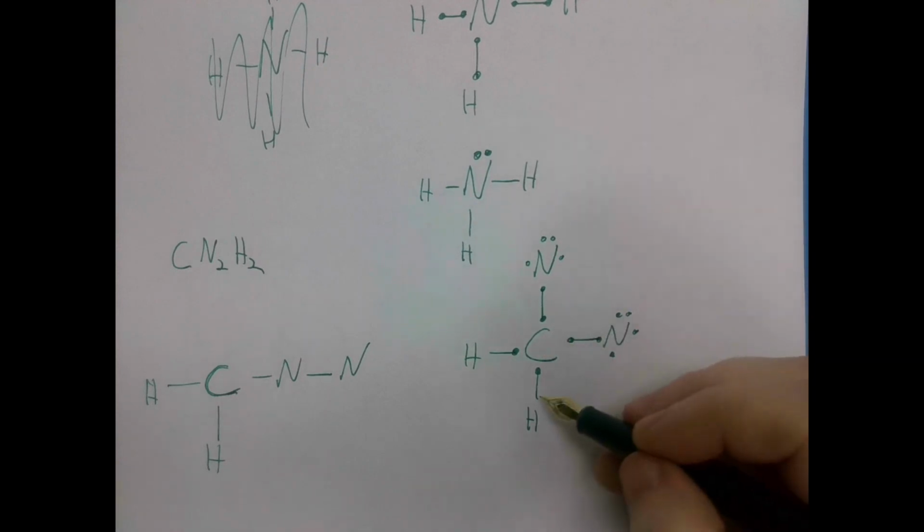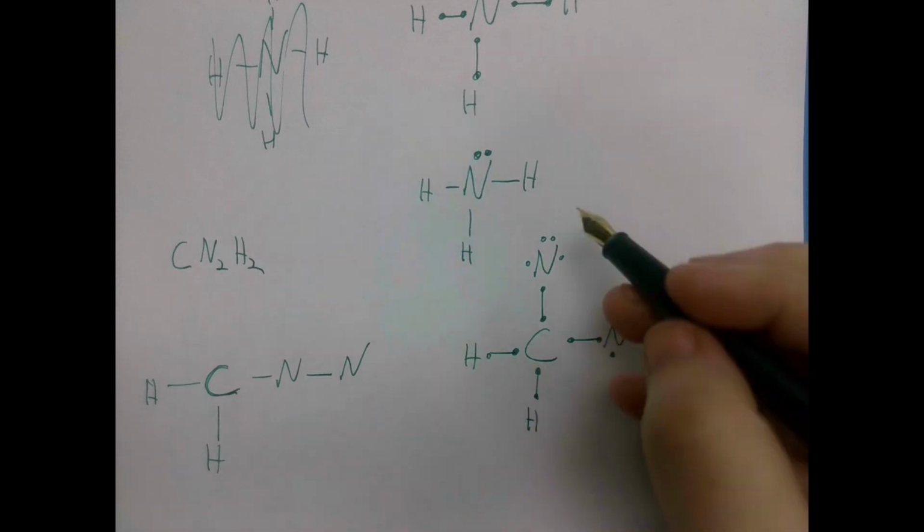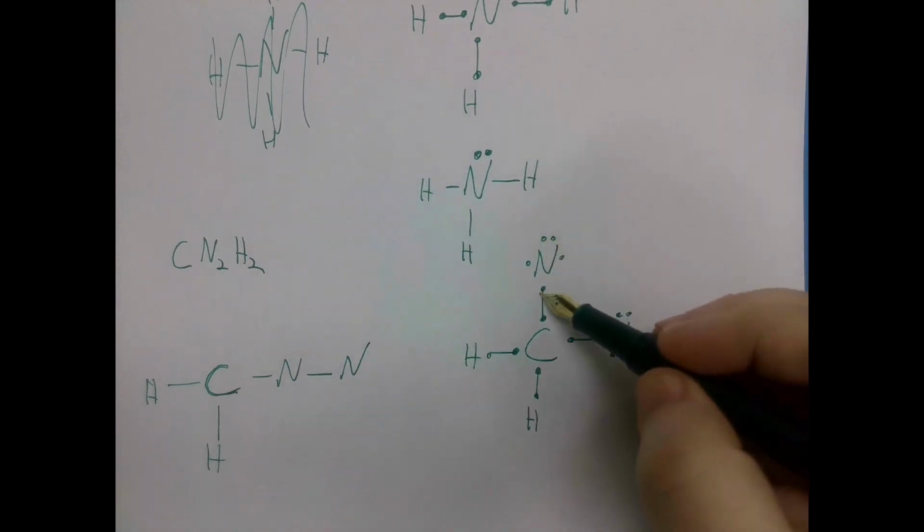All right, how many are around the nitrogen? How does it get 8? It has 1, 2, 3, 4, 5, 6. How does it get another 2?